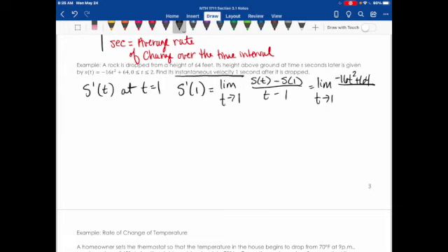The position function is negative 16t squared plus 64, and I'm going to subtract s of 1. Now, if I plug in 1 into the position function, I'm going to get 48, and that's all over t minus 1. I'm going to continue down here at the bottom since I'm running out of room. The limit as t approaches 1. Now, if I clean up the top, that gives me a negative 16t squared plus 16 over t minus 1.